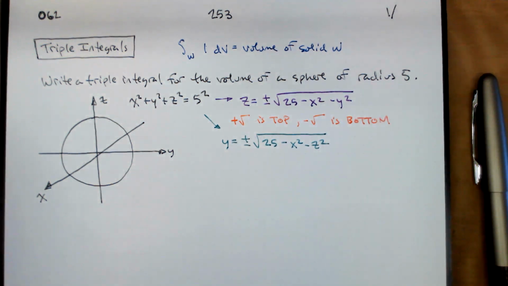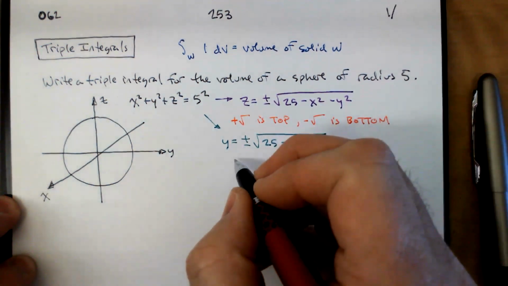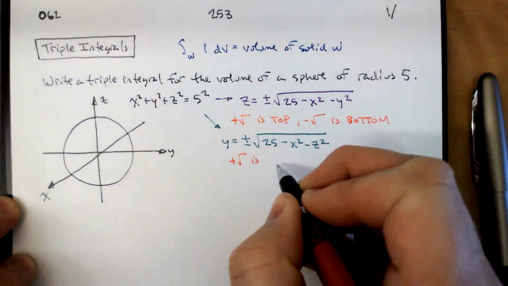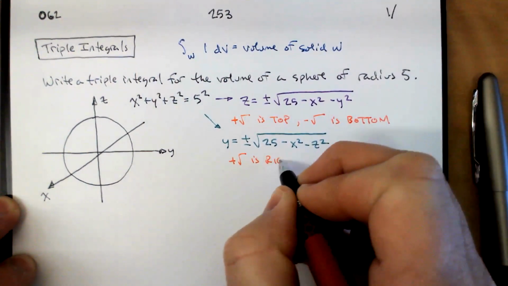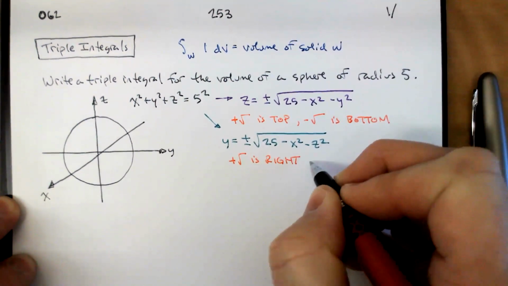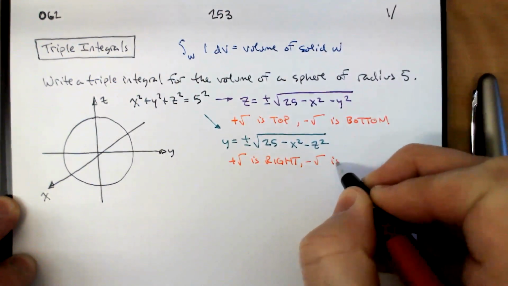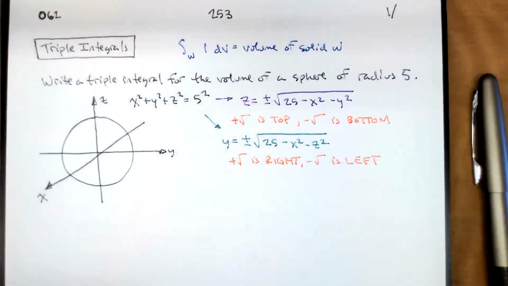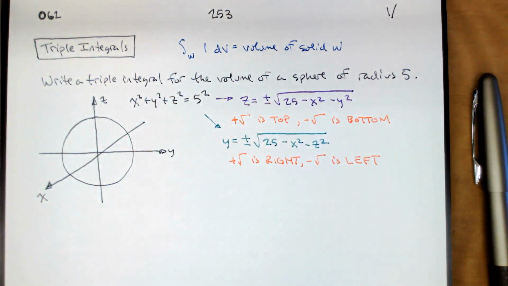So I might say that the plus square root is the right, and the minus square root is the left. The xz plane marks the middle of the y-axis.